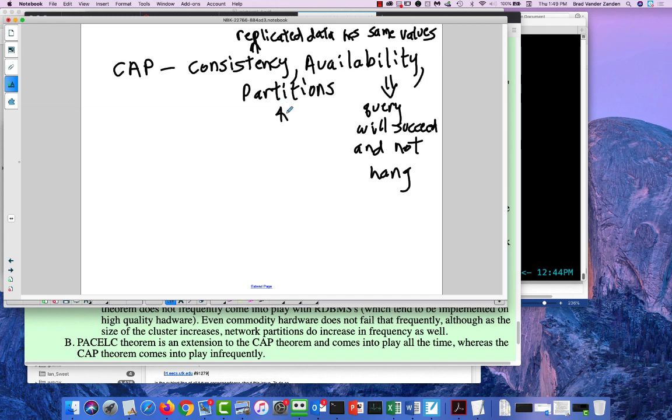Partitioning means that there are no breaks in the network, that it is contiguous, not partitioned. So everyone can communicate, not broken into blocks. All servers can communicate with one another. CAP says you can have two of these three.